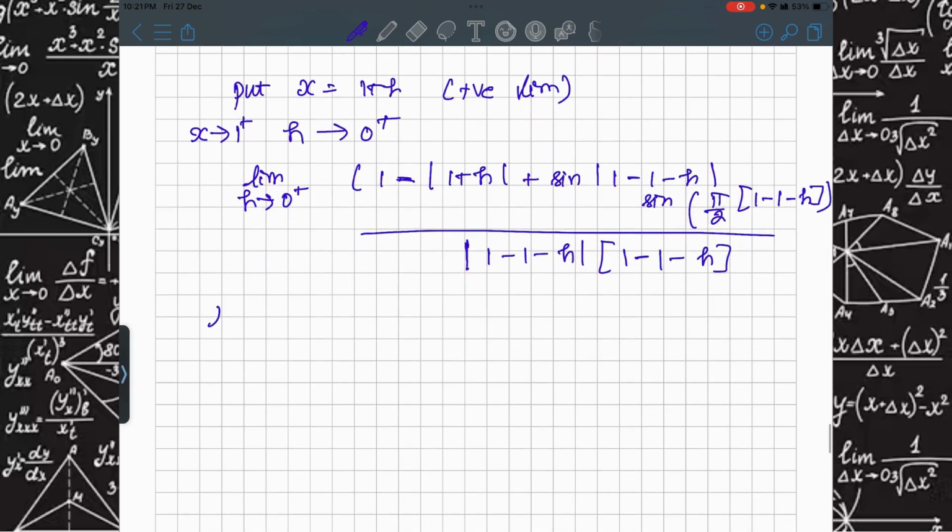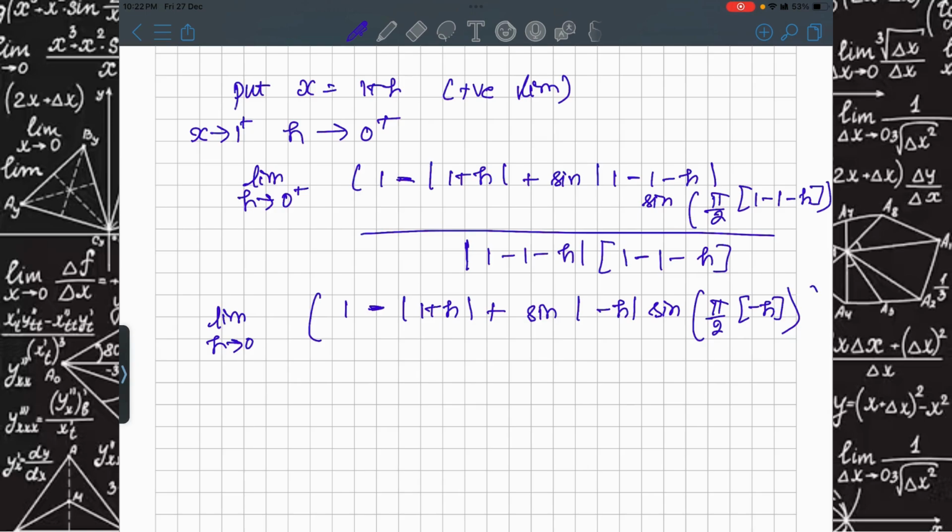Now let's simplify this. Limit h tends to 0, 1 minus 1 plus h plus sine of minus h, sine of pi by 2 of minus h greatest integer, right, divided by modulus of h minus h and then greatest integer of minus h.